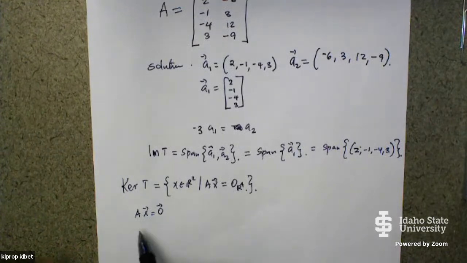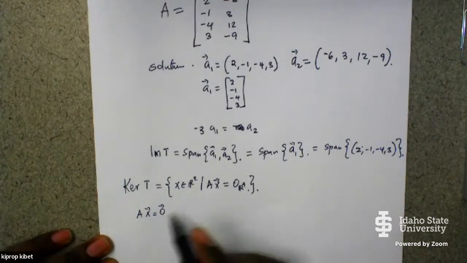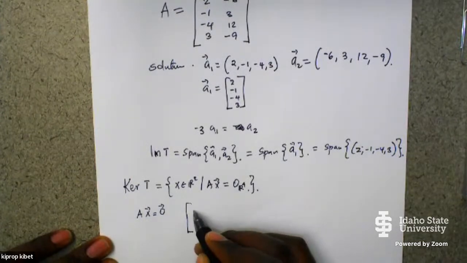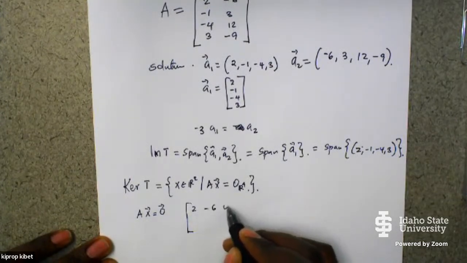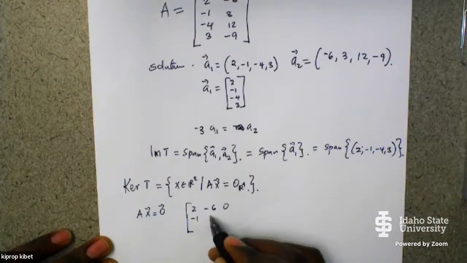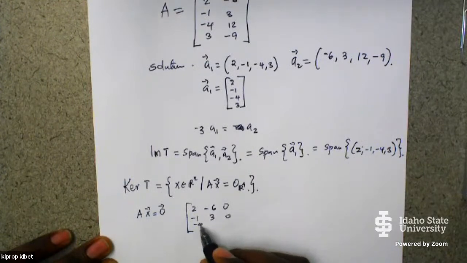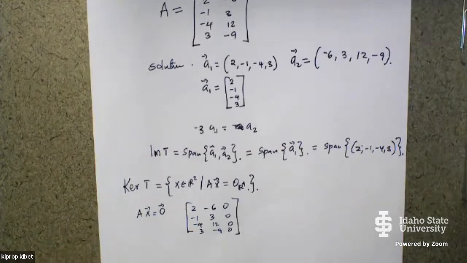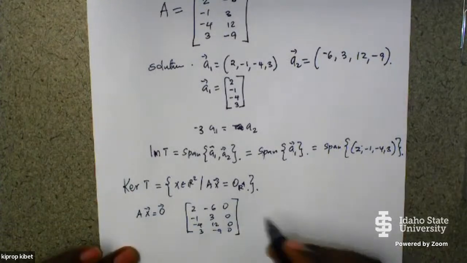Then we write the augmented matrix of this, which is 2, -6, 0; -1, 3, 0; -4, 12, 0; 3, -9, 0. And then we reduce it completely.